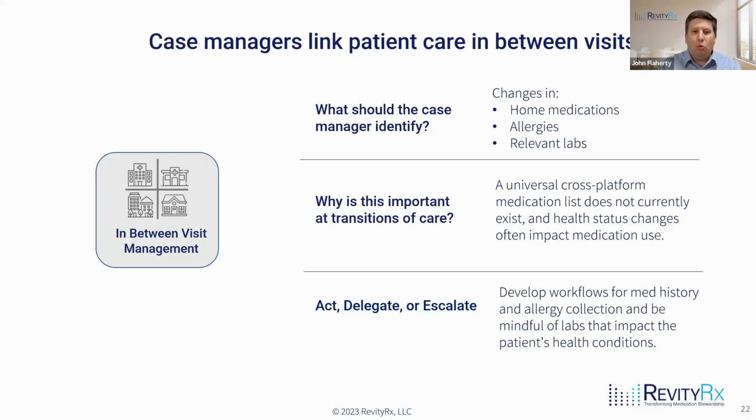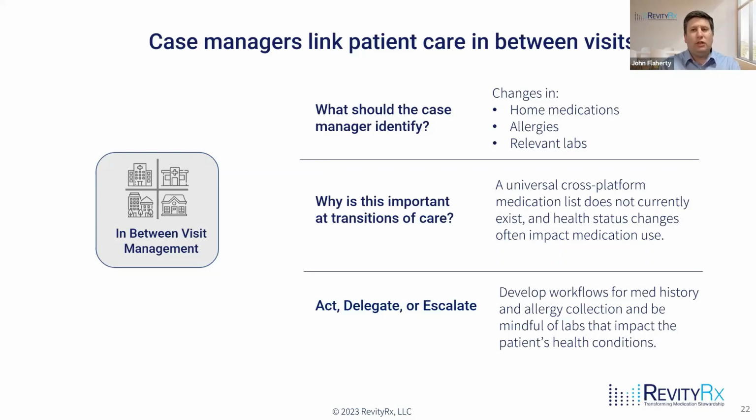Now, I'm not saying there's not one that they're trying to develop, but currently we do not have a universal med list. So your PCP doesn't necessarily see what the specialist is prescribing if they're not within the same network or same ownership, just as your provider may not necessarily see what was actually filled in a community pharmacy or a mail order pharmacy, and vice versa. Those pharmacists may not see those dispensing either.